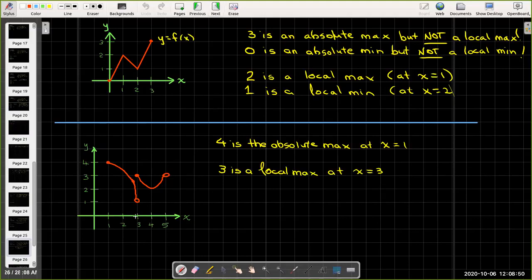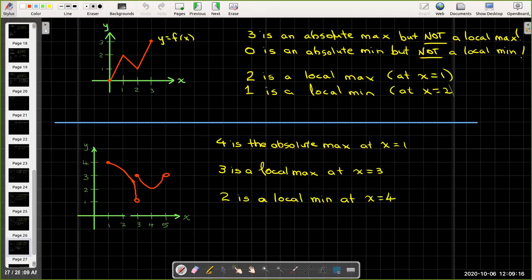We do have a local max when x equals 3. Whether I go to the left or to the right, if I don't go too far, the y-coordinate when x equals 3 is going to be larger than any of the y-coordinates close to it.